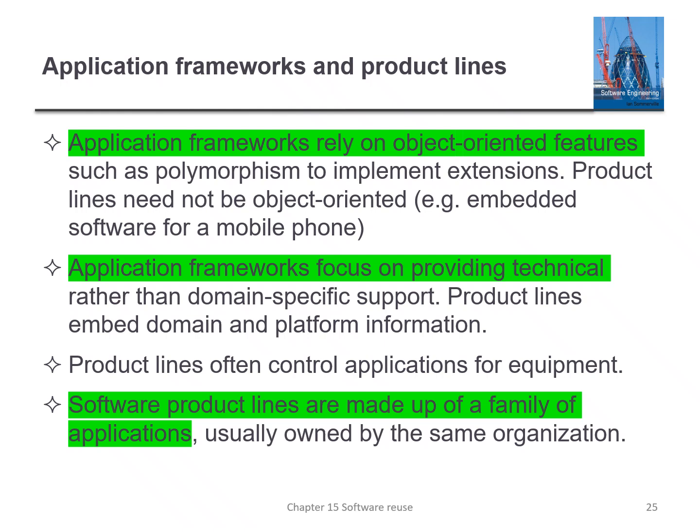Product line often controls applications for equipment, rather than application framework, which is more on the software side, but product line also covers the hardware side. And product line is made up of a family of applications. Like I mentioned just now, for mobile phones, it has many versions, right? So some of these product line components cover the hardware part and are normally owned by some organization.